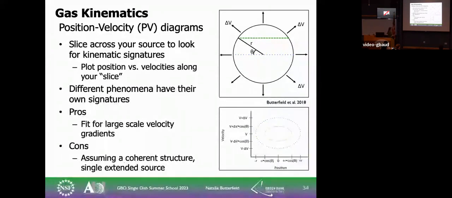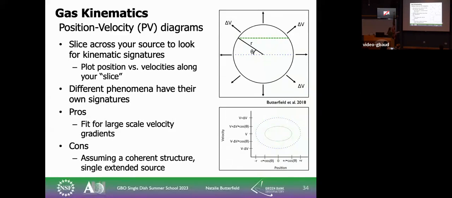The example I'm giving is a schematic that we made for one of the papers from my thesis, where we were looking at an expanding shell. We were arguing that depending on where you took your position velocity slice across a uniformly expanding shell, your emission would look different. So different phenomena have different signatures in position velocity slices, as I'll show in the next example.